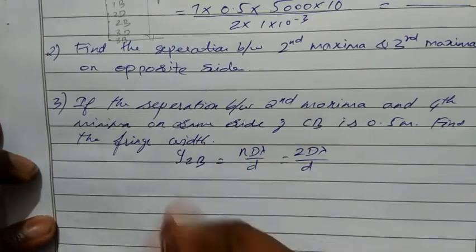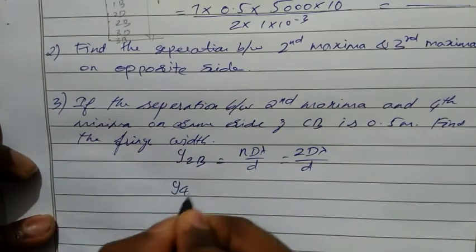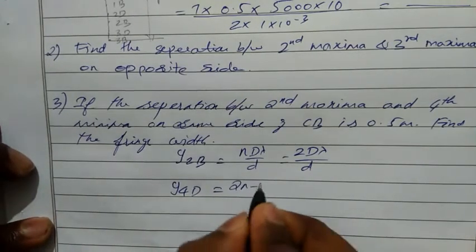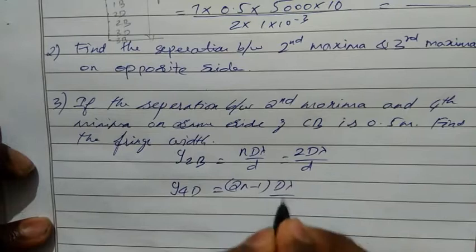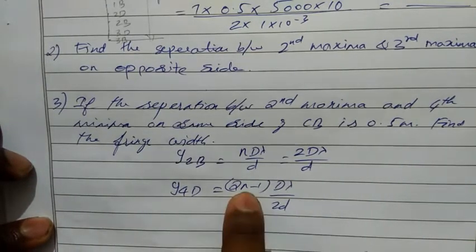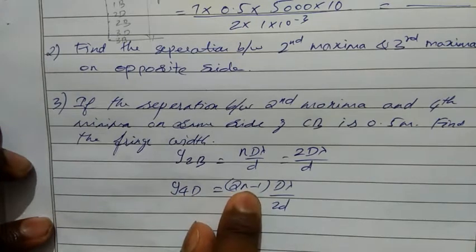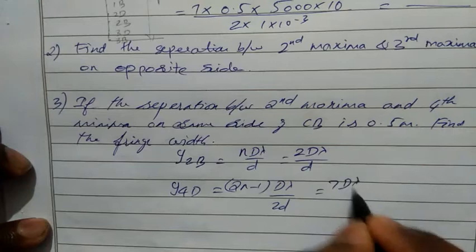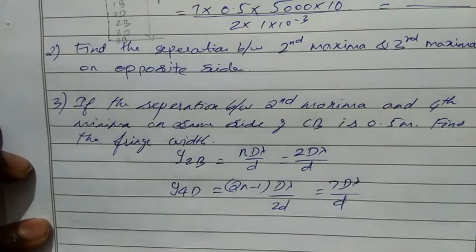Then fourth minima, y4 dark. The formula is 2n minus 1 d lambda divided by 2d. Here n is 4, we substitute 4. 2 into 4 is 8, 8 minus 1 is 7. So we have 7 d lambda divided by 2d.